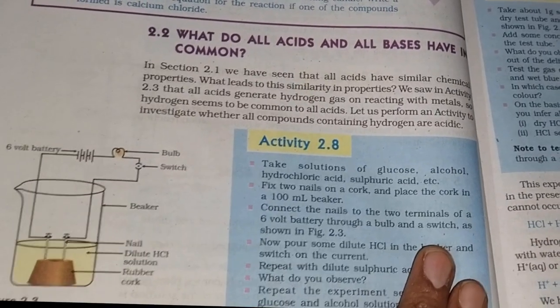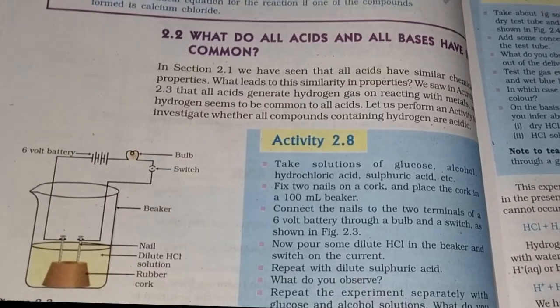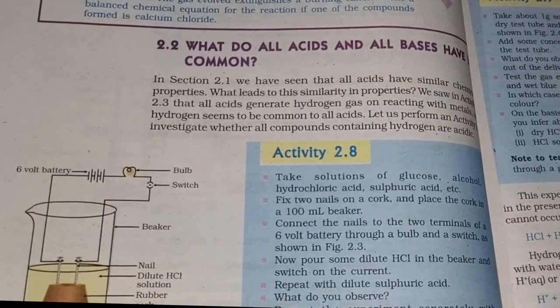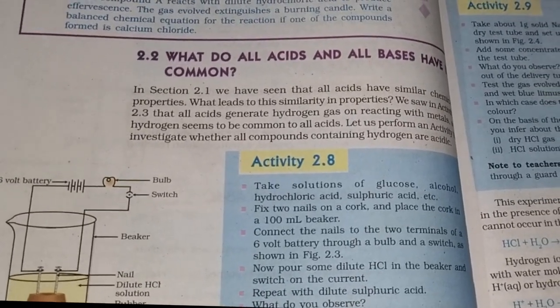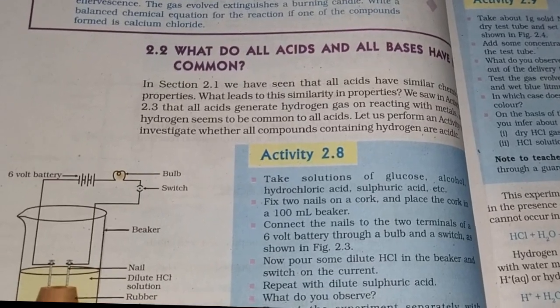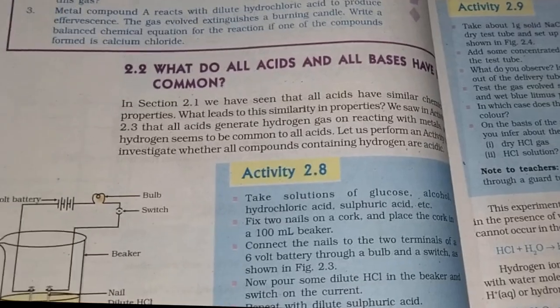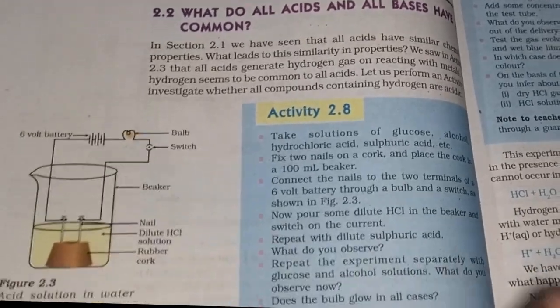They form salts, and acid and base neutralize each other. So why are we giving generalized chemical reactions for all the acids? Because one thing is common. What is that? Let's see.